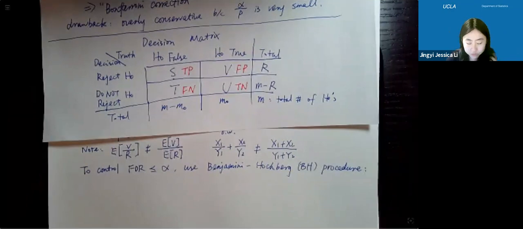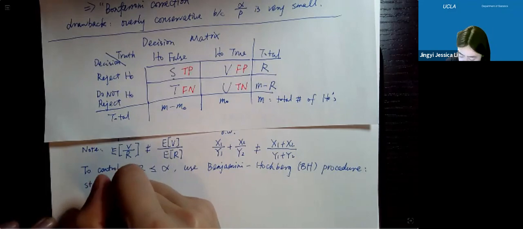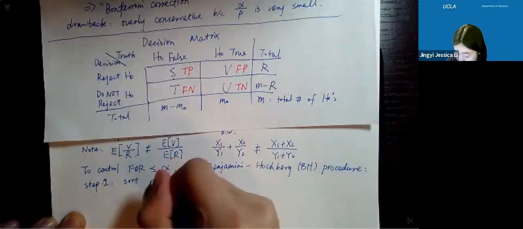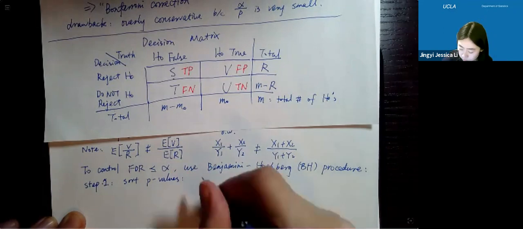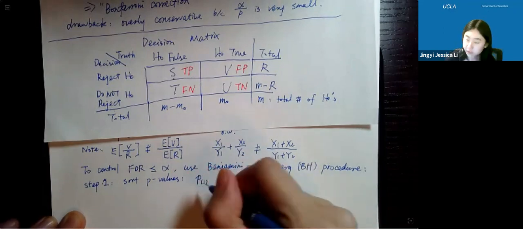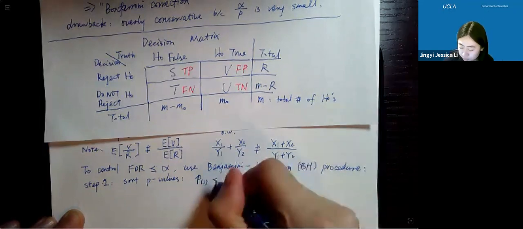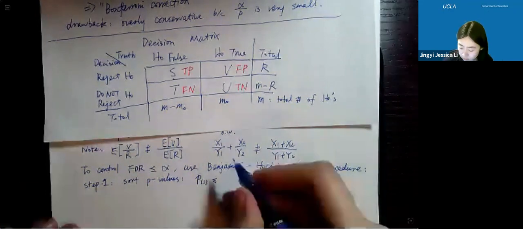So the procedure requires a first step of sorting p-values from smallest to largest. After we sort them, we give the sorted p-values a parenthesis in the subindex to mean that this is after the sorting, the smallest p-value, so that we can differentiate this p parenthesis one from the original p1, because that is the index before sorting.